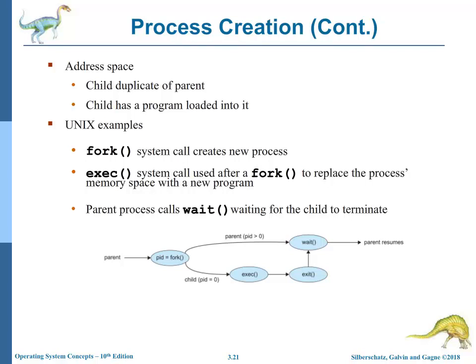In this example, the parent will wait, so it issues a wait system call. During that, the child will execute, so it issues an exec call, and when it terminates, it issues an exit system call. Then once the child is terminated, the parent can resume.